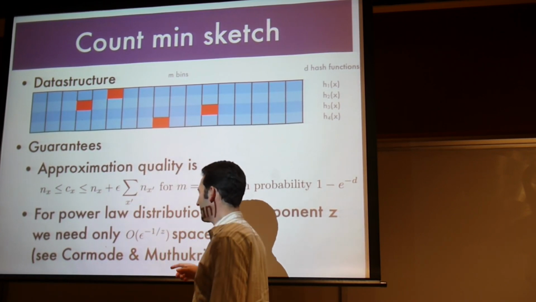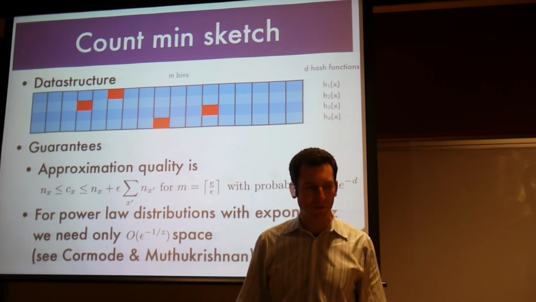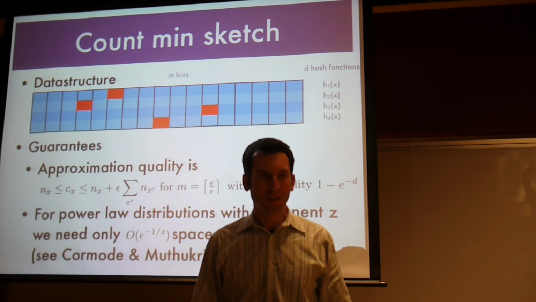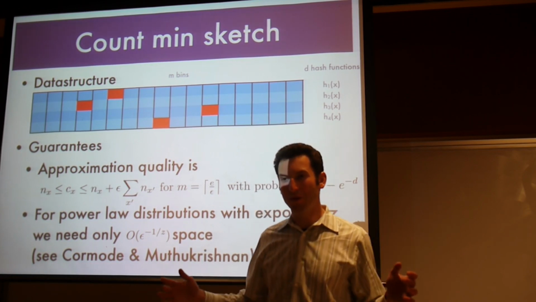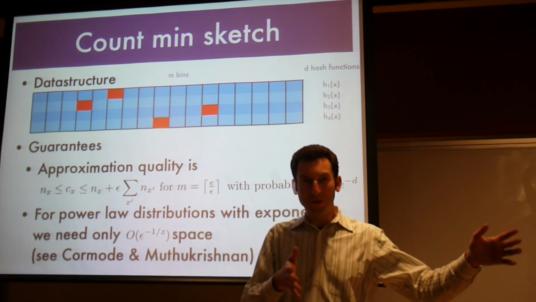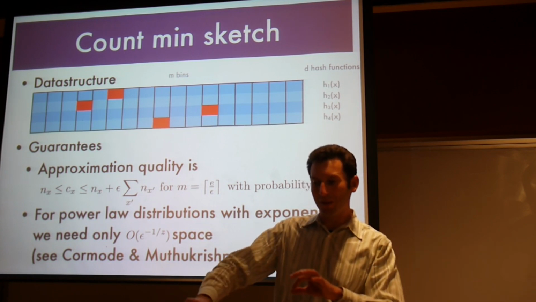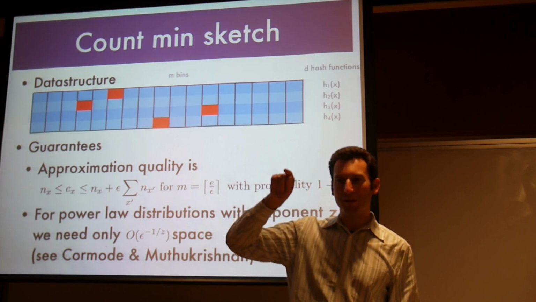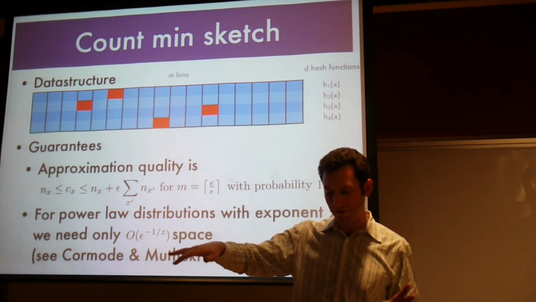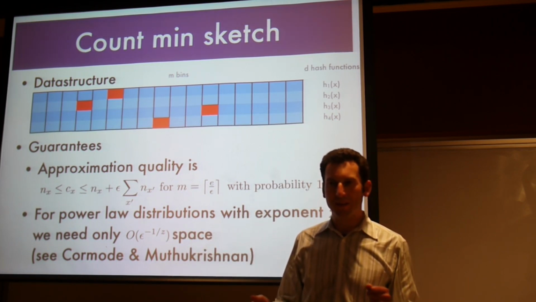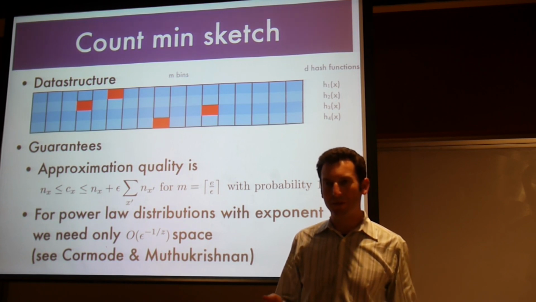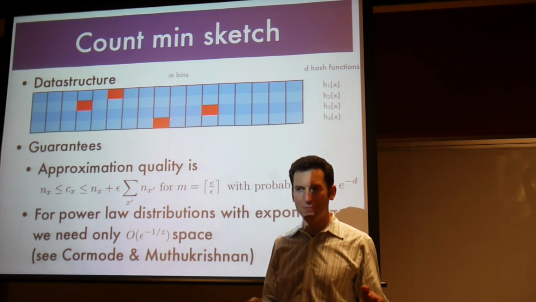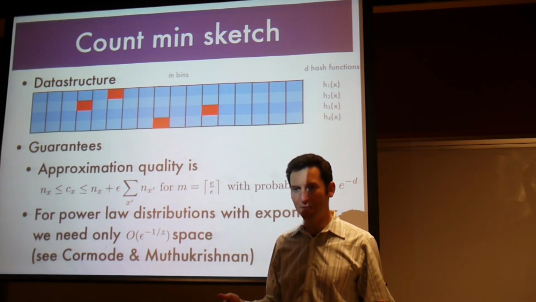Now, the cool thing is that for power law distributions, you can do even better. And the way you prove that you can do even better is by saying, well, a power law distribution is one where there are a few really heavy hitters and the rest is really small. So you have basically a 1 over n to the alpha type distribution. And you then essentially need to deal with two cases. One where all bins are messed up by heavy hitters.